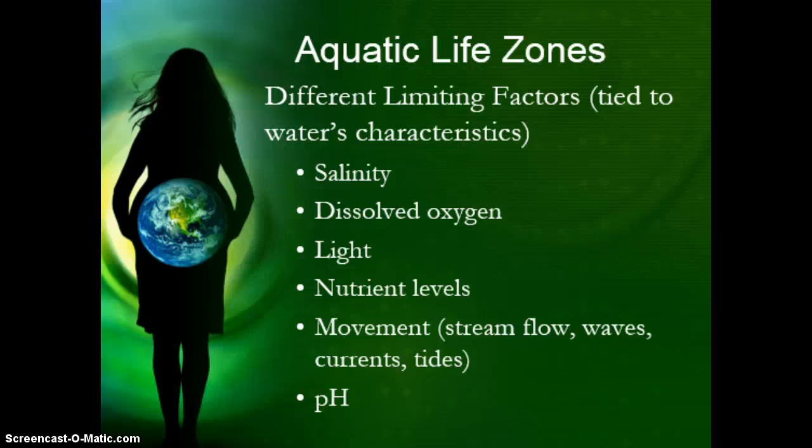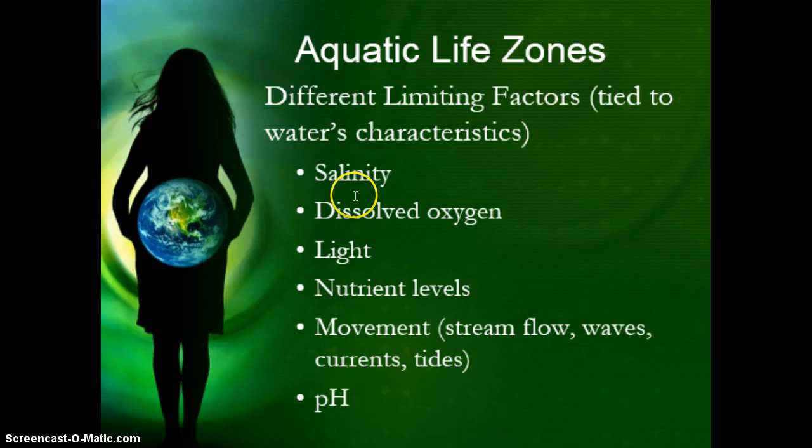These guys have different limiting factors because they are in the water. And since they're in the water, precipitation isn't going to limit them since they're surrounded by it. Temperature is also not as important because of water's high specific heat, which allows it to keep the temperature pretty constant. But you do get temperature zones developing as a result of density and salinity. And remember, salinity is the concentration of dissolved salts.